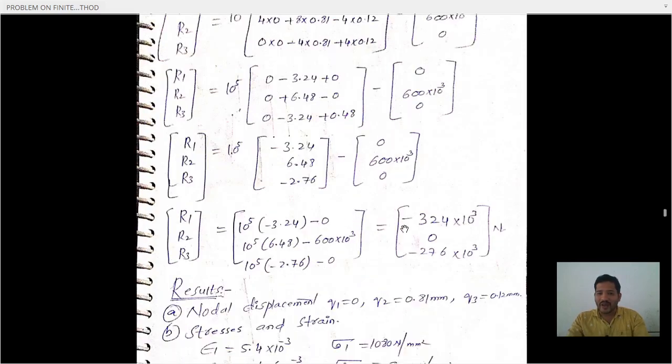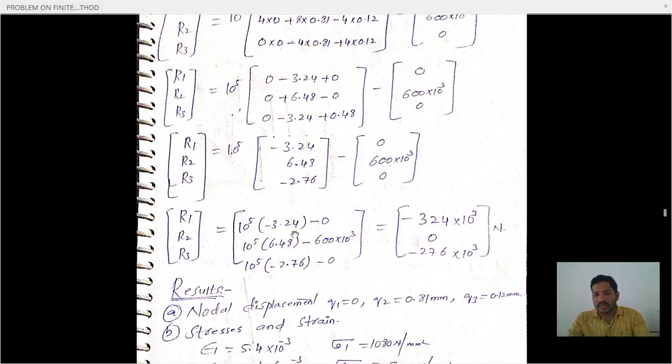Okay here, after that what we have to do, let us see. This is normal reaction R1, R2, R3. You can follow this method as well as the earlier method, as you wish. The same concept will be there. 10 power 5 as it is, minus 3.24 into 0, minus 3.24 minus of 0, 10 power 5 into 6.48 minus 600 into 10 power 3, 10 power 5 into minus 2.76 minus of 0.